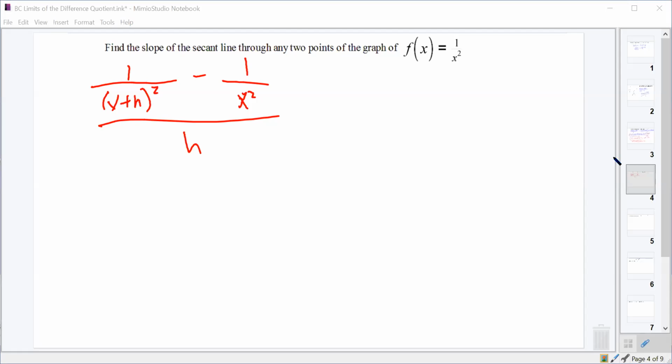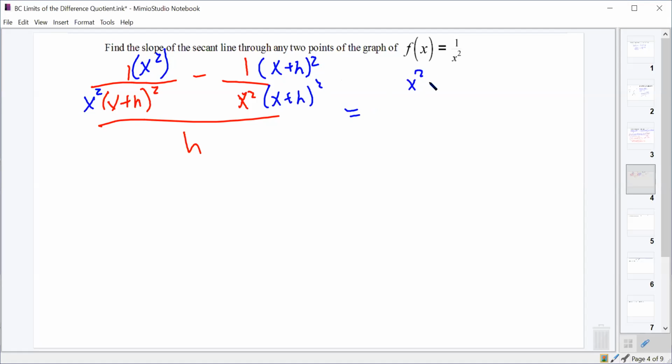So multiply this one by x squared over x squared, and multiply this one by x plus h squared over x plus h squared. And we'll simplify that out. We got x squared minus x plus h squared, which is x squared plus 2xh plus h squared.